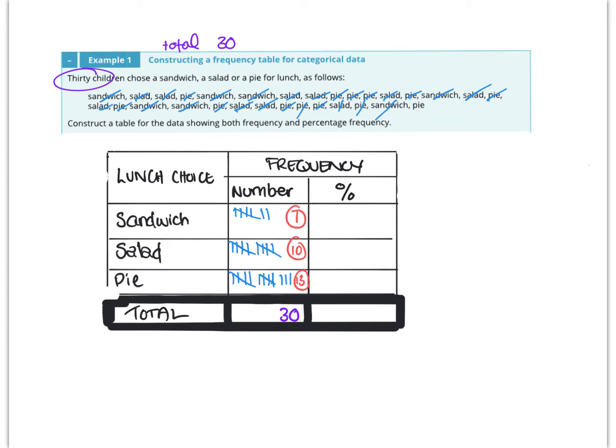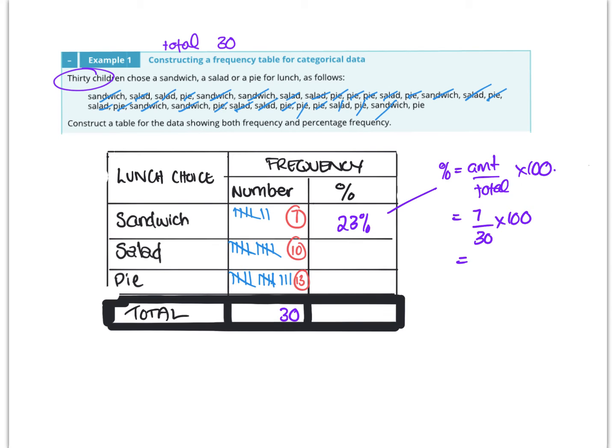Now when we want to write in the percentages, we're going to use that formula that we said before, where a percentage is equal to the amount over the total times 100. So here we would be doing 7 out of the total of 30 times 100. And what do we get? 23%. So let's round to a whole number.